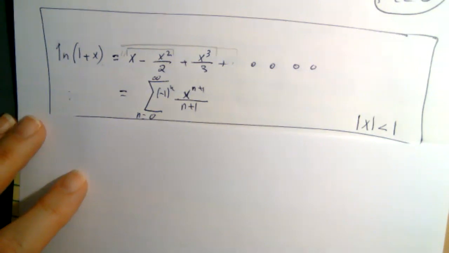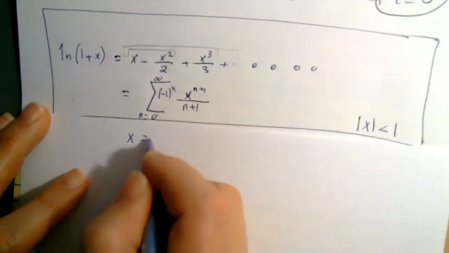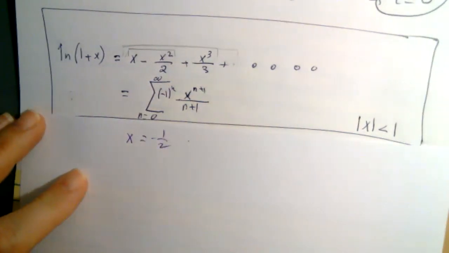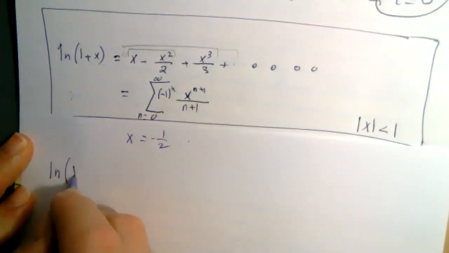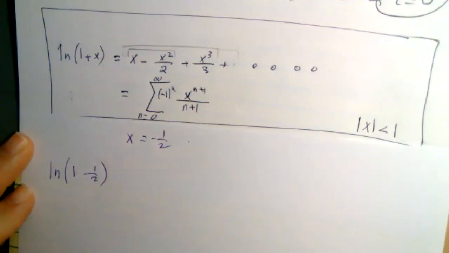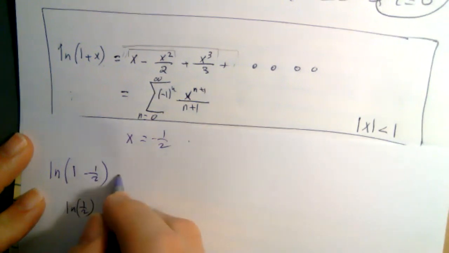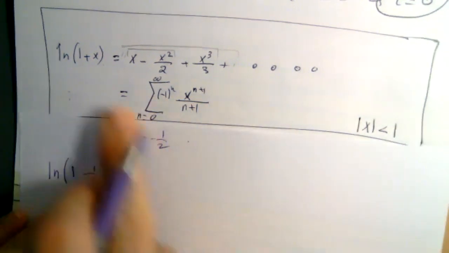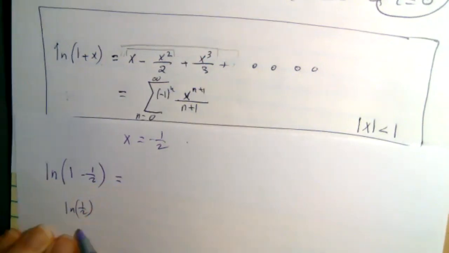So just for the fun of it, I say, okay, let me take x equal minus a half. And I plug it in here. What does this tell me? It tells me that ln of 1 minus a half, which is ln of a half, is equal to this sum. It means if I plug minus a half in here, I should get that number.